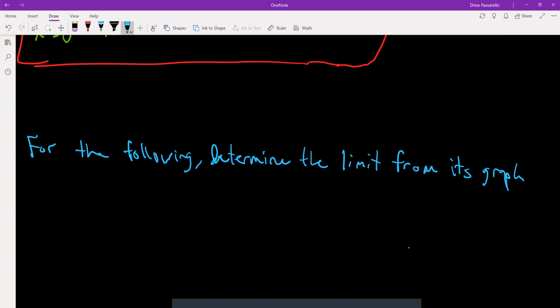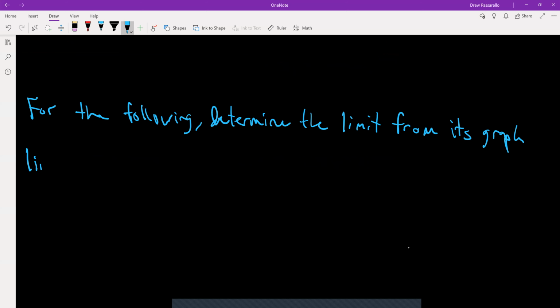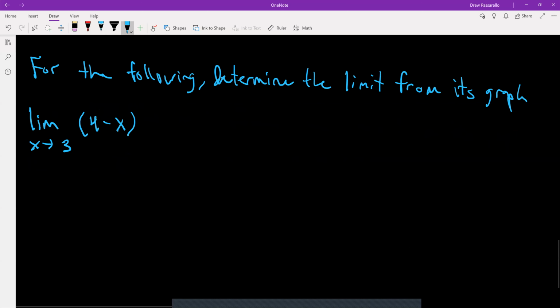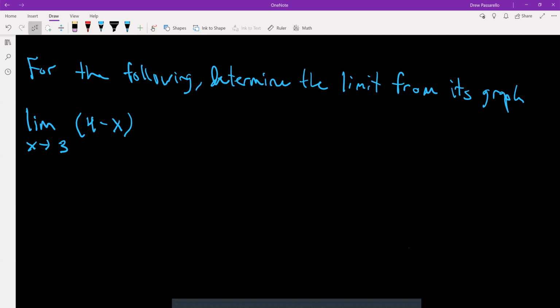And I'll go ahead and provide you with the graph. All right, limit as x goes to 3 of 4 minus x. So in this case, our function is 4 minus x.